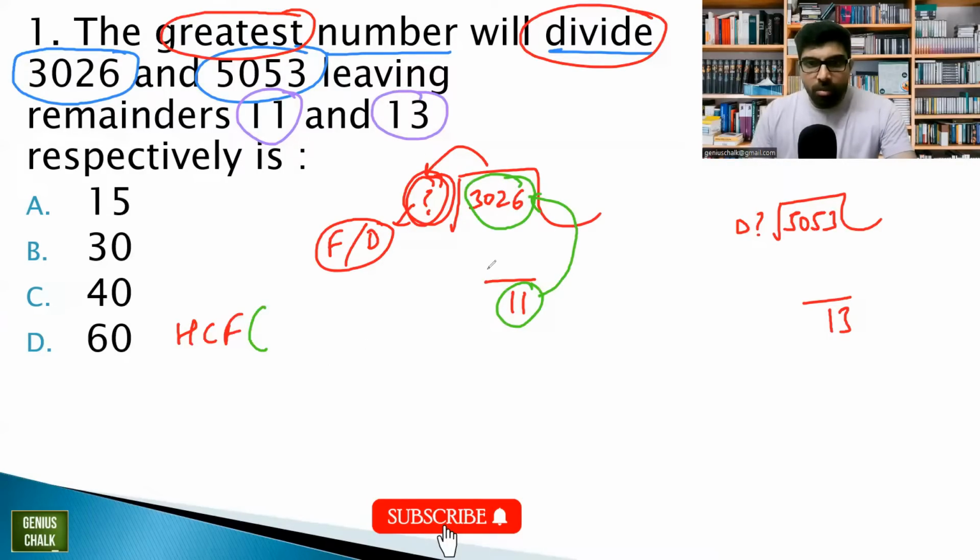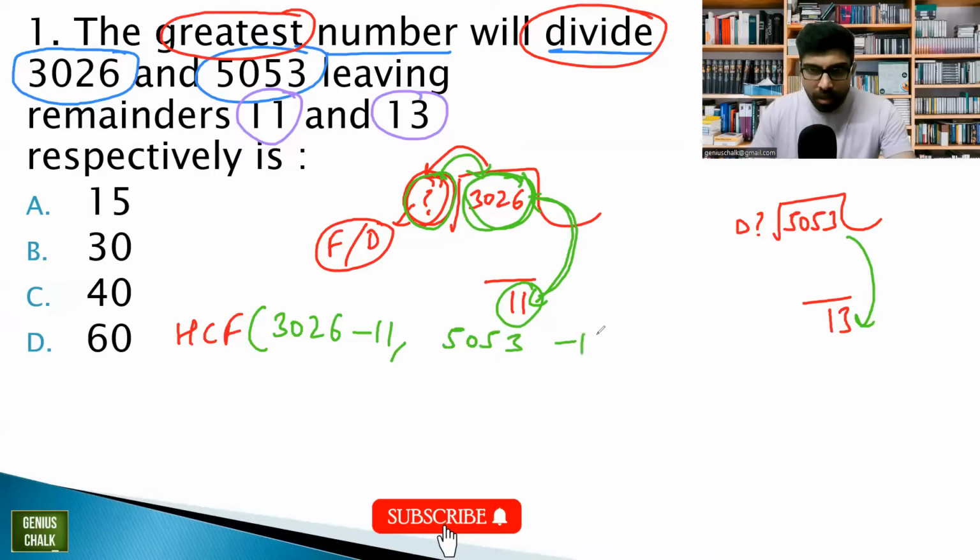Why am I doing it? Because this number will cancel the given dividend only if this remainder is subtracted from it, right? So my answer will be 3026 minus 11 comma 5053 minus 13.